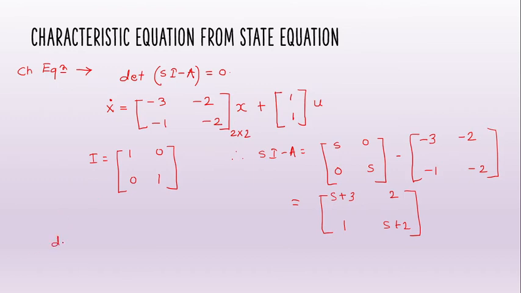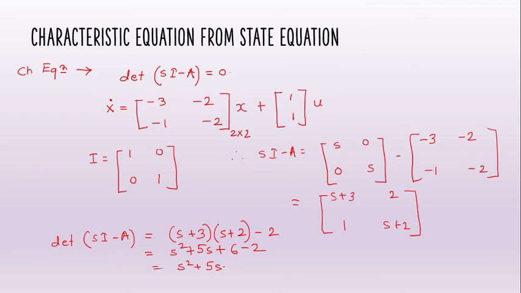So determinant of sI minus A will be (s plus 3) into (s plus 2) minus 2. So it will be s square plus 5s plus 6 minus 2, so it will be s square plus 5s plus 4.